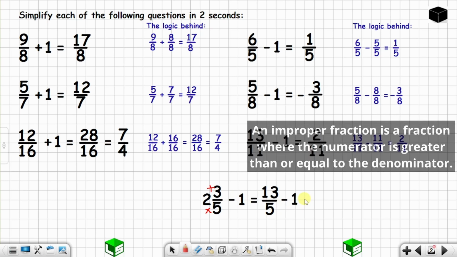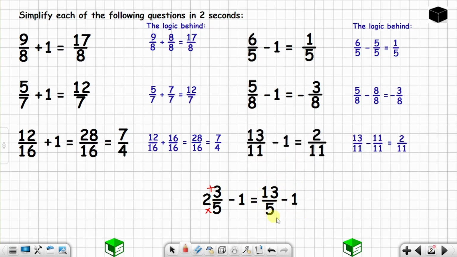Minus 1. Now to solve this, because you have subtraction, you start always from the top minus what you have at the bottom. So 13 minus 5 is 8 over 5. And the logic behind this: you have 13 over 5 minus 1.